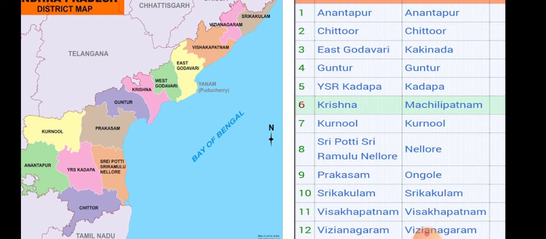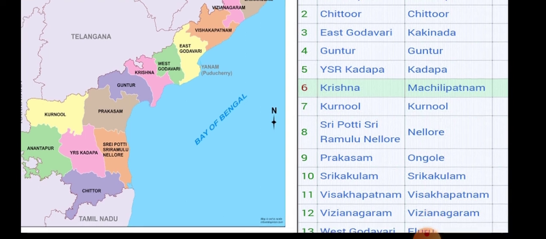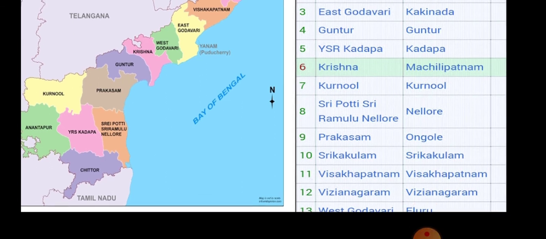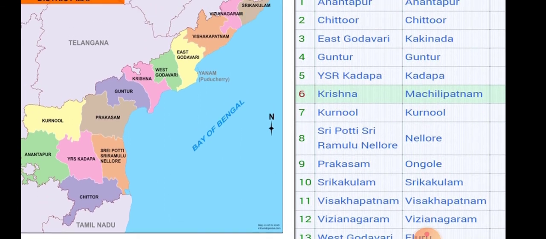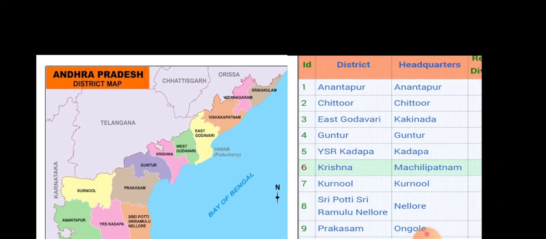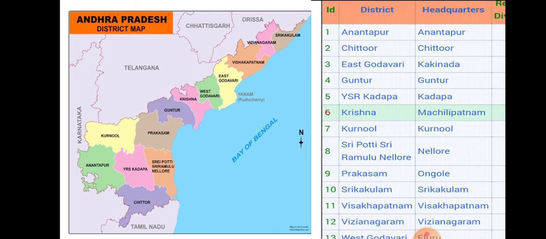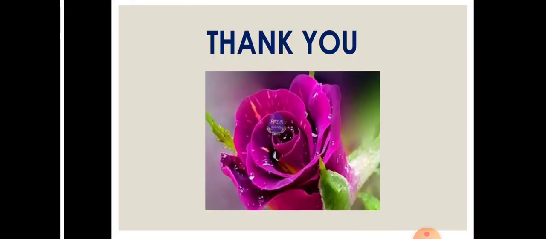Sri Potti Sriramulu Nellore district headquarter, Nellore. Prakasam district headquarter, Ongole. Srikakulam, Srikakulam. Visakhapatnam, Visakhapatnam. Vizianagaram, Vizianagaram. West Godavari headquarter, Eluru. So students, point out on your Andhra Pradesh district map also. So thank you very much.